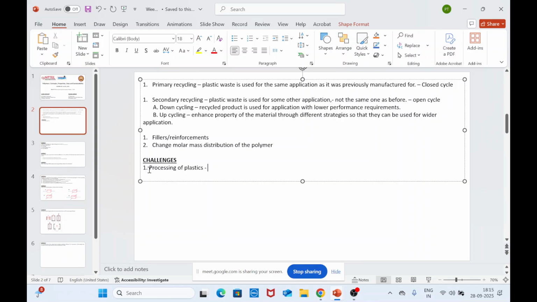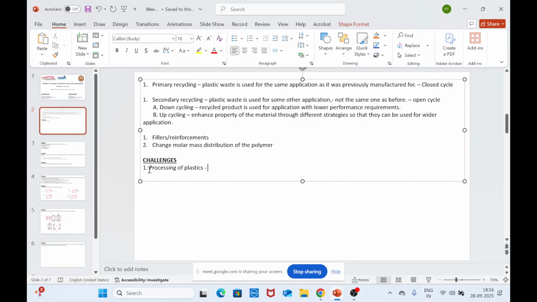It depends upon what kind of processing we do, whether that recycling operation is only for that plastic, or if different plastics are present along with it. Then again there are challenges, because different plastics usually exhibit different types of behavior.